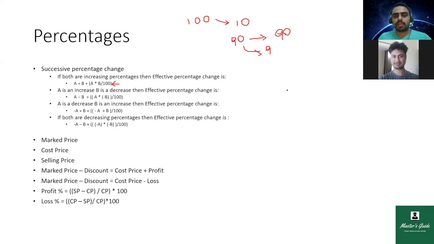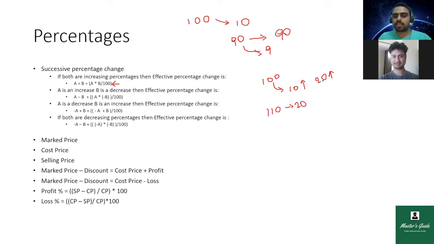Let's say you have a stock. The initial price of the stock is 100, and it increased by 10% initially, and then again increased by 20%. The effective change is not 30%, 10 plus 20. That is because initially 100 increased by 10% to 110, and then on 110 it increases by another 20%.